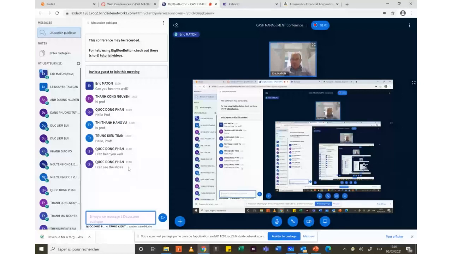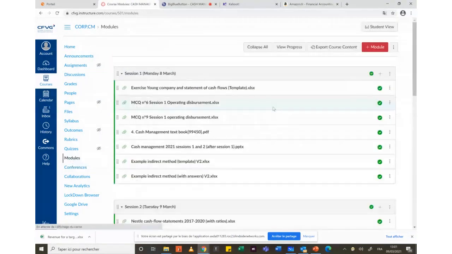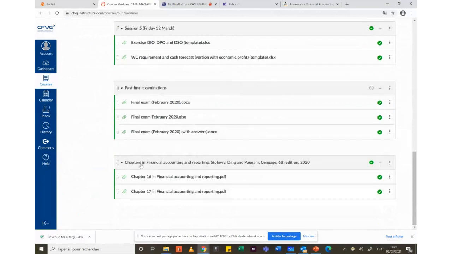So I added chapters from a book in the modules. I created a new module. The last one, chapters in financial accounting and reporting, is from this book.